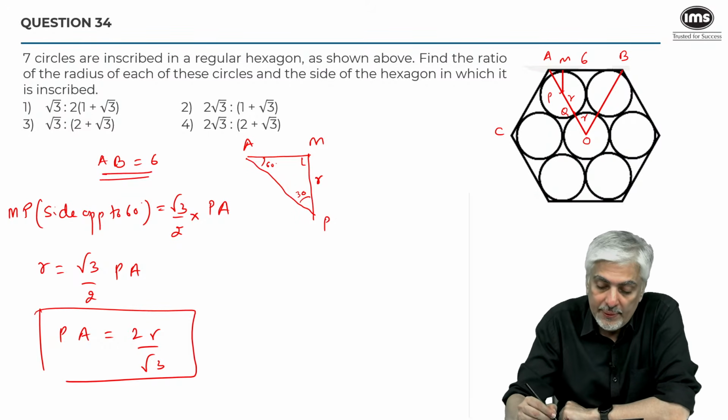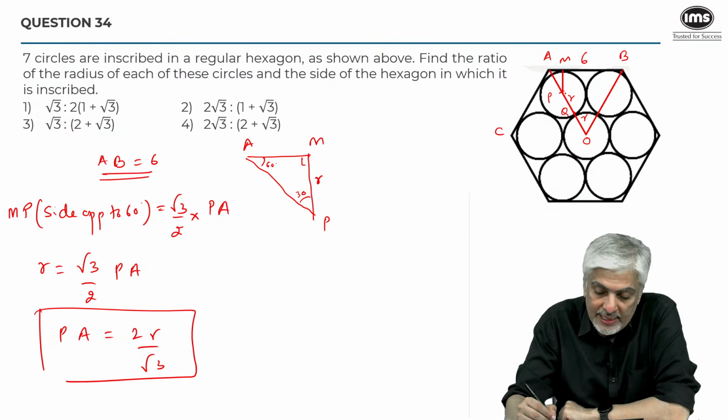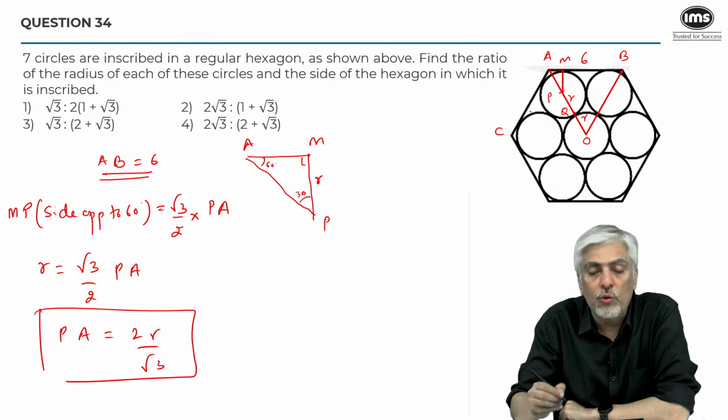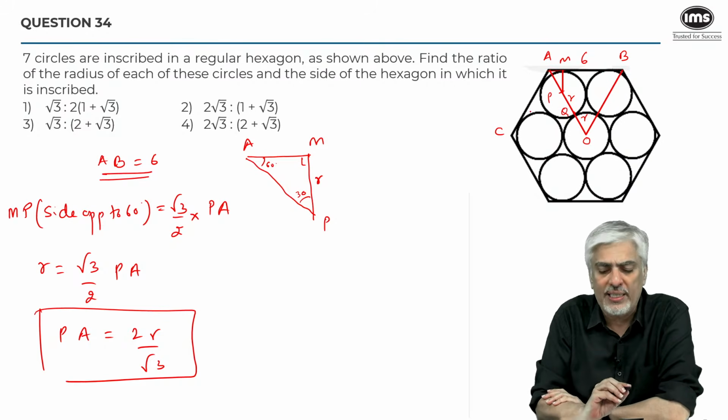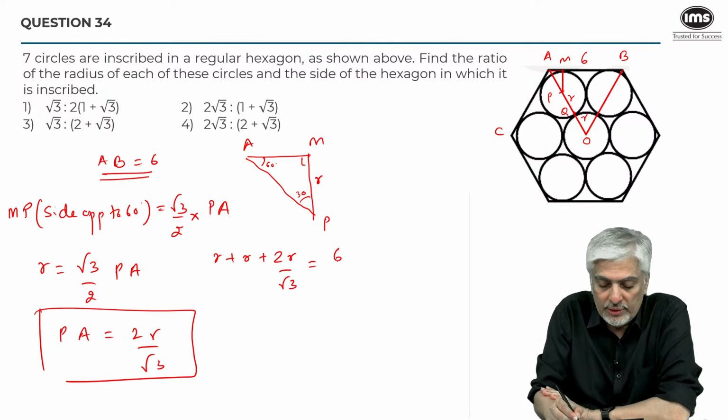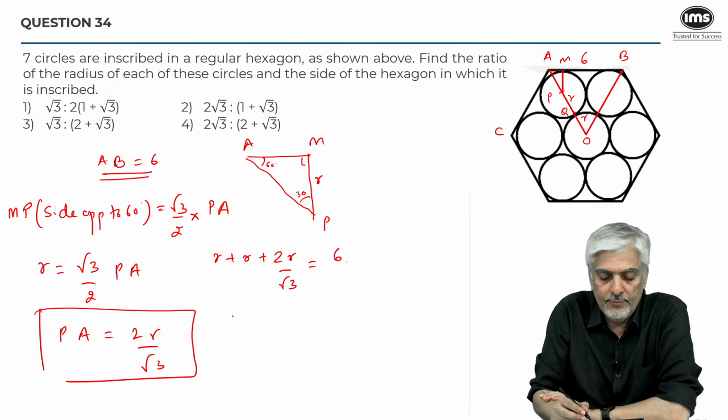Now we got PA. R plus 2R upon root 3 will be 6, because ABO will be an equilateral triangle, by the property of the hexagon. So R plus 2R upon root 3 is equal to 6. I can take R common.